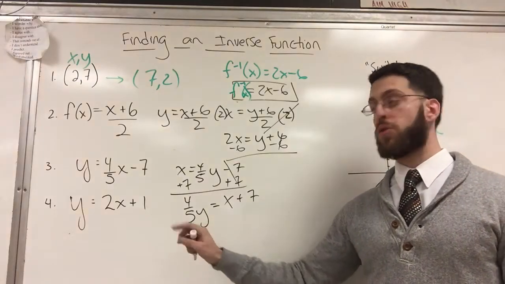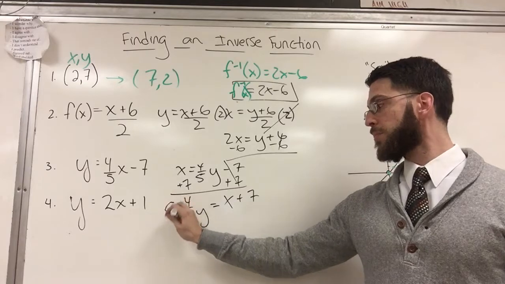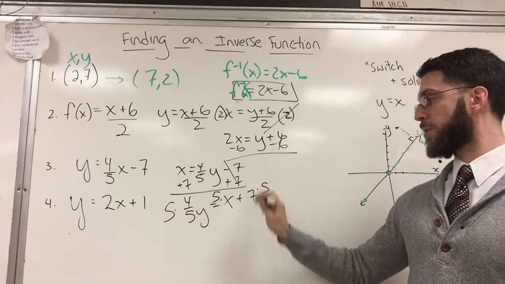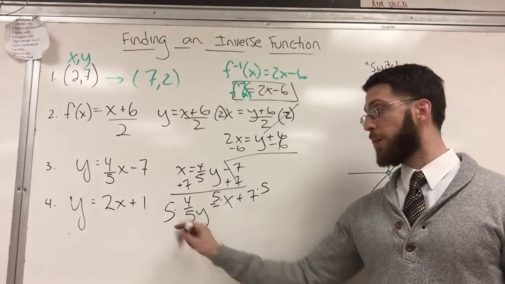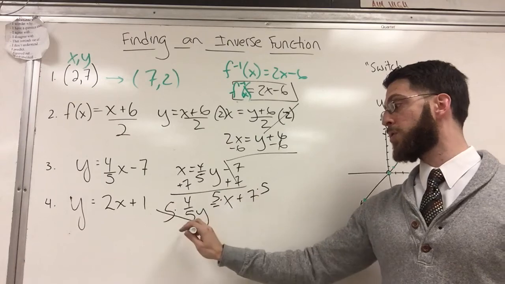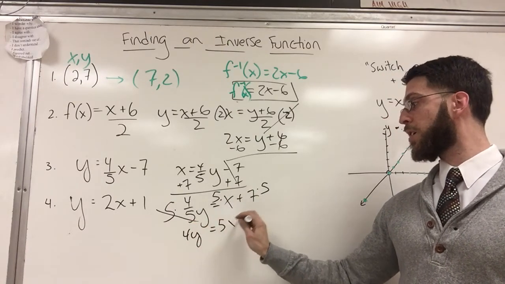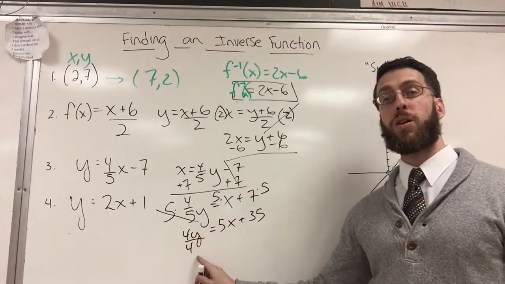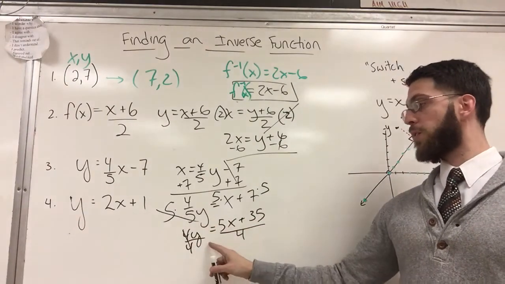I want to get y alone, so in one shot you multiply by 5/4, but I'll do it step by step. So if I want to get rid of that fraction, the denominator of 5, I'm going to multiply by 5 in every single step. So now I have 4y equals 5x plus 35, and then to get y alone, I'm going to divide by the coefficient, which is 4.